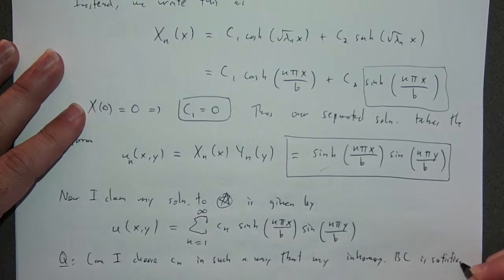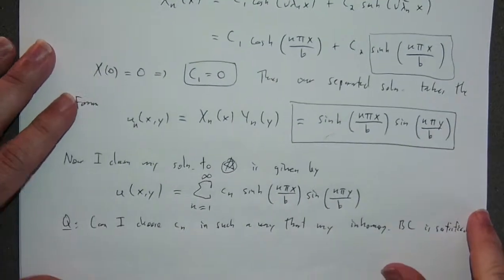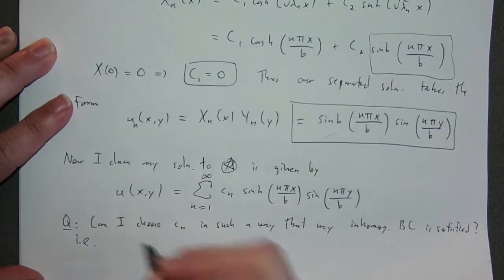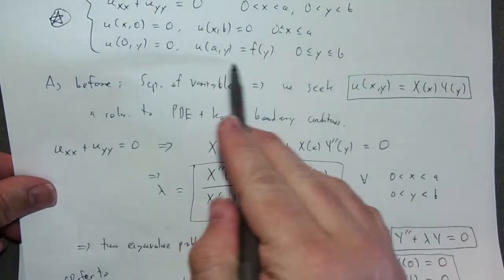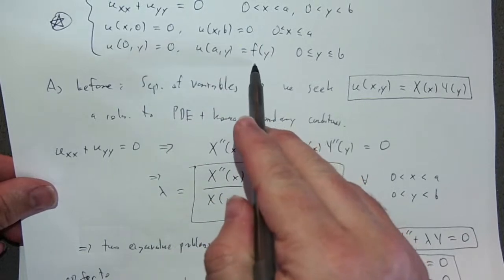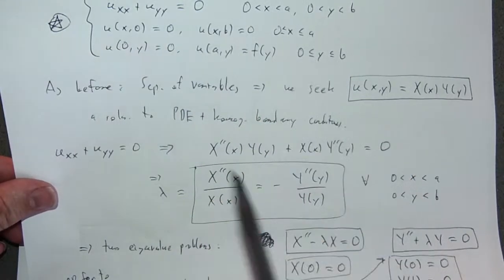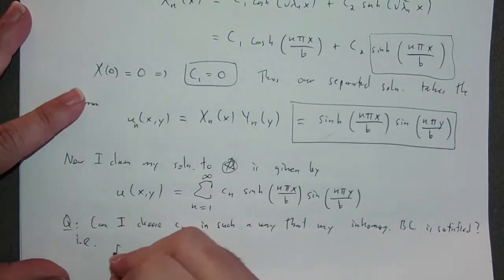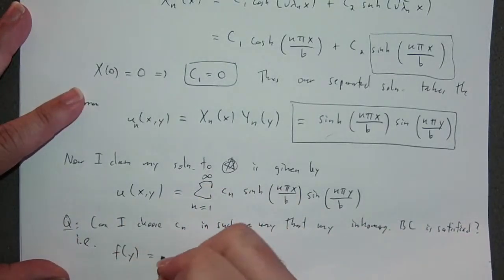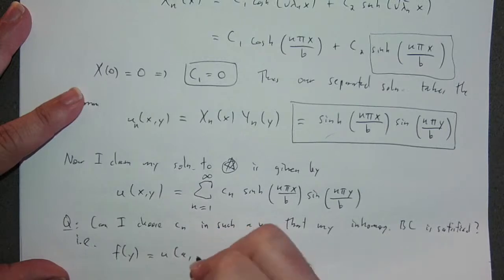But what does that mean? Recall, the inhomogeneous boundary condition is this last one, so u of a, y has to be equal to f of y for y between 0 and b. So I want f of y to be u of a, y.